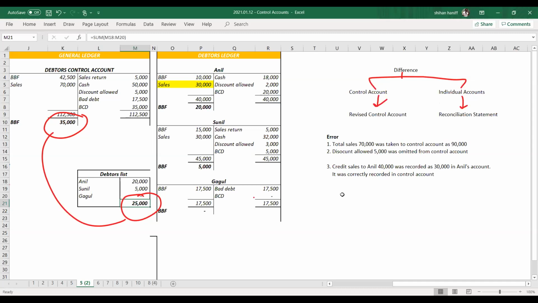Then what you do is you prepare a reconciliation statement. Starting with balance as per revised control account, and there will be plus and minuses.